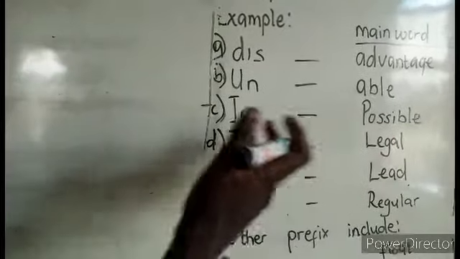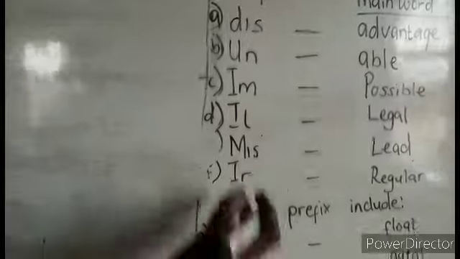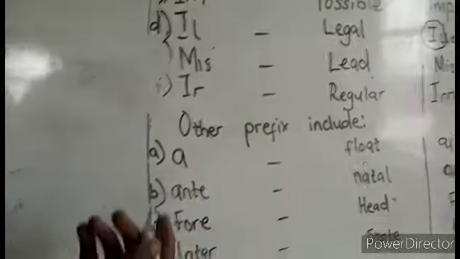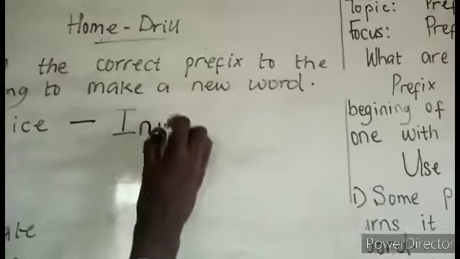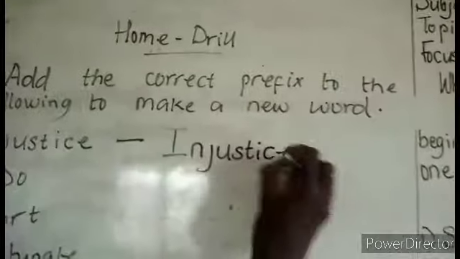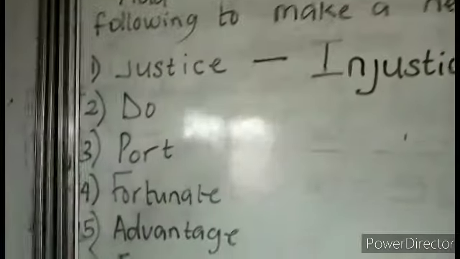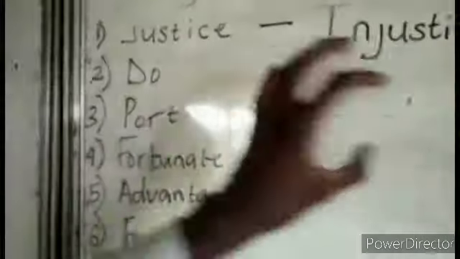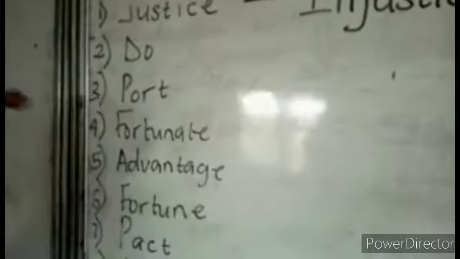Nope. Il? Nope. Ir, ante? Nope. So we have what? In. Injustice. So that's what you'll be doing. Pick out the correct prefix to fill it in, and do the same thing for the others.